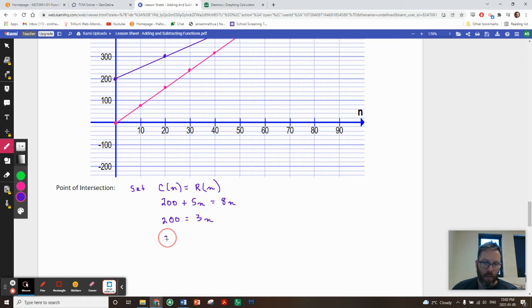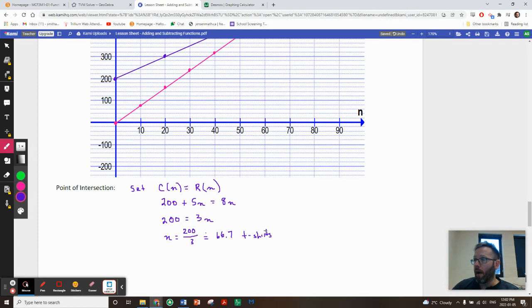And 200 over 3 is exact, but we're talking about a number of t-shirts. It's 66.6 repeated, so we'll say approximately 66.7 t-shirts.